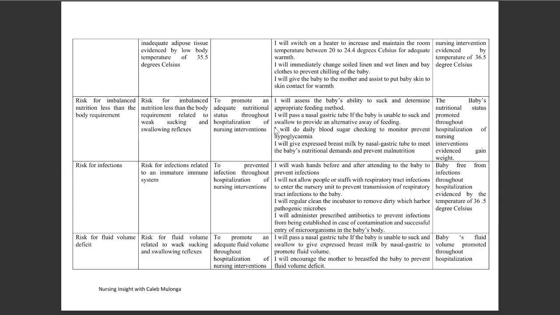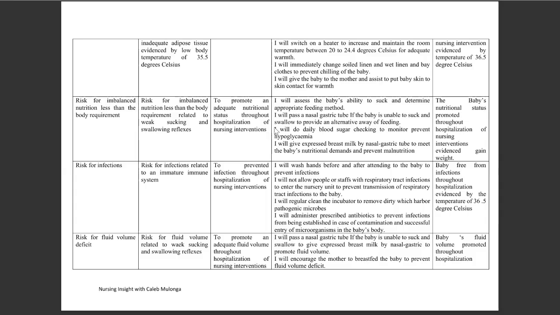Number 5, I believe, we moved on to number 5. So you find that in this infant who is having such a condition, which is neonatal asphyxia, they are prone to infection.